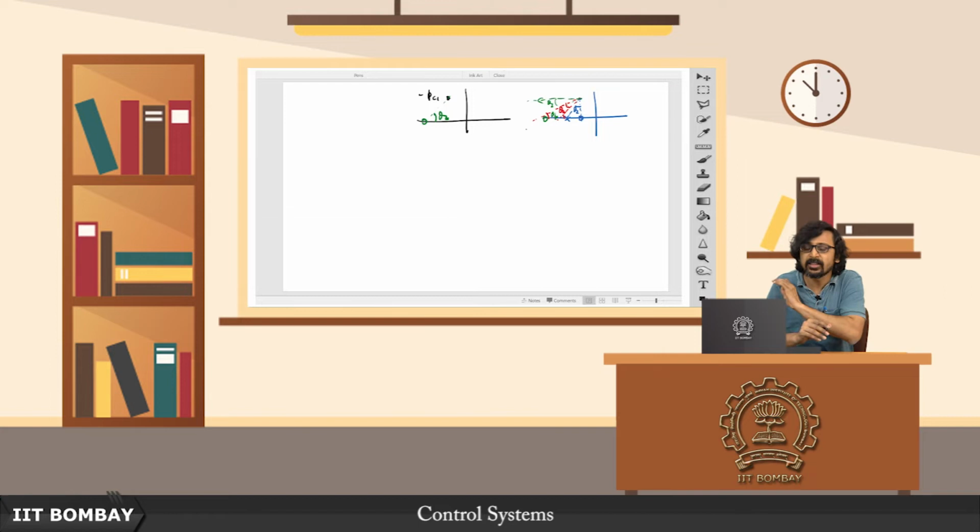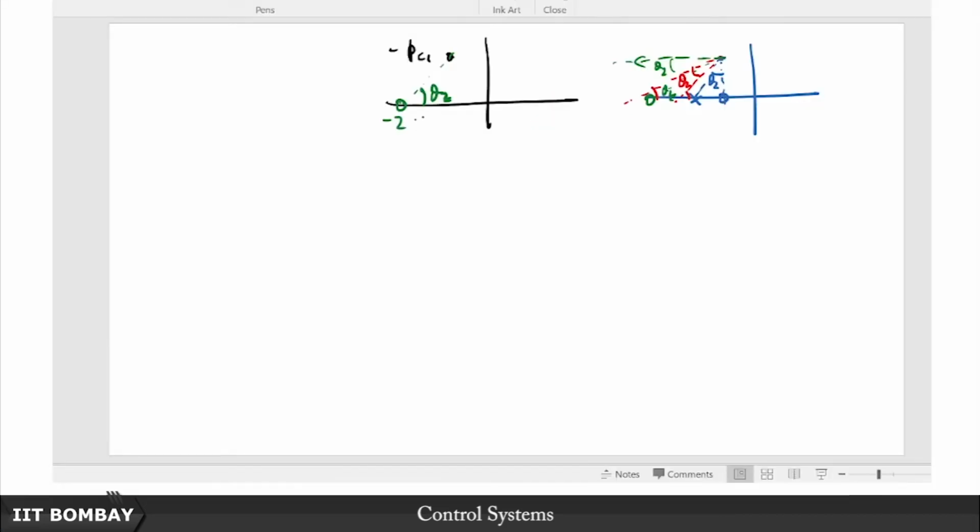Okay, so everything else remains the same. We'll follow exactly the same sequence of steps for designing a lead compensator, except that we now have an additional pole to account for, and that's what's imposing this restriction, that we must place our 0 to the right of this extreme 0 that was placed by the PD block. So wherever that minus z was sitting, any point to the right of this is a potential point.